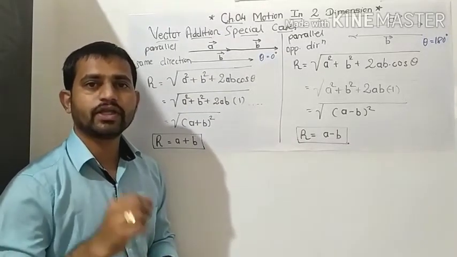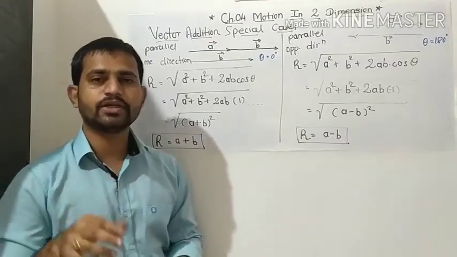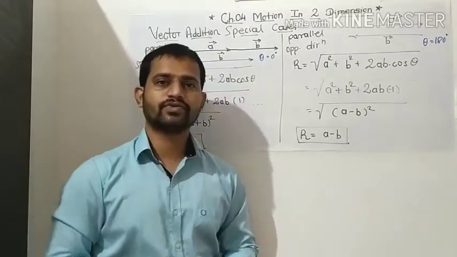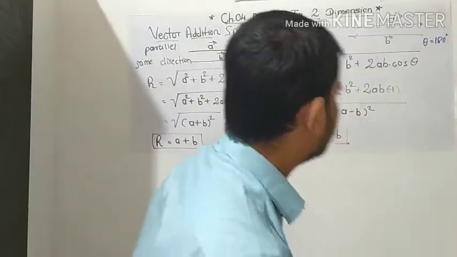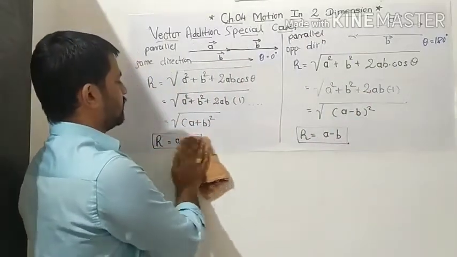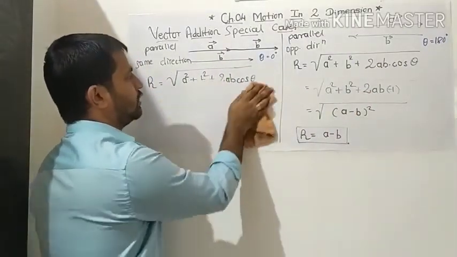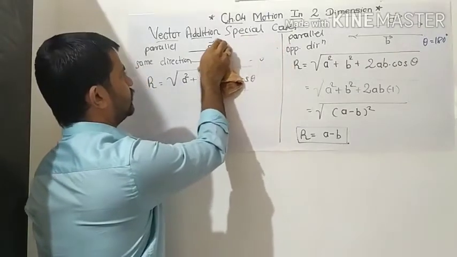Now we have to go for the third case. What is the third case? The two vectors we have to add are making an angle of 90 degree with respect to each other.